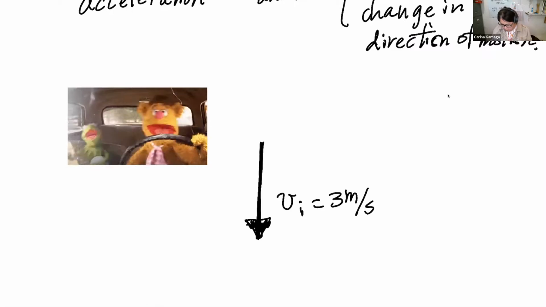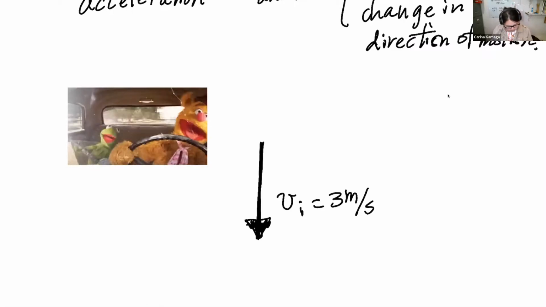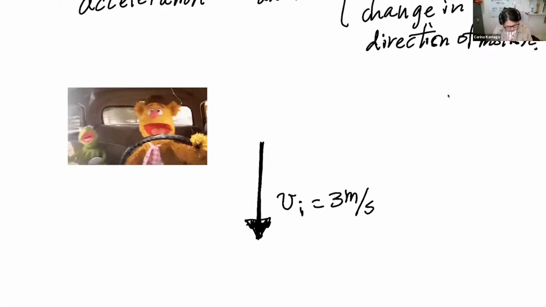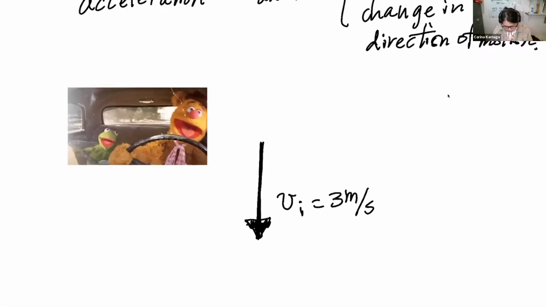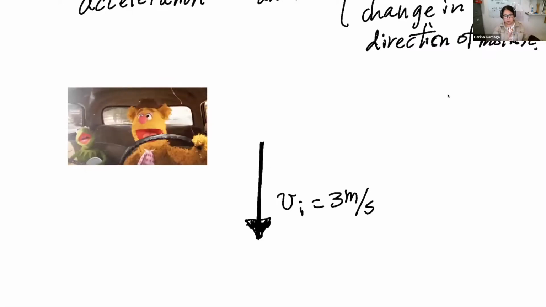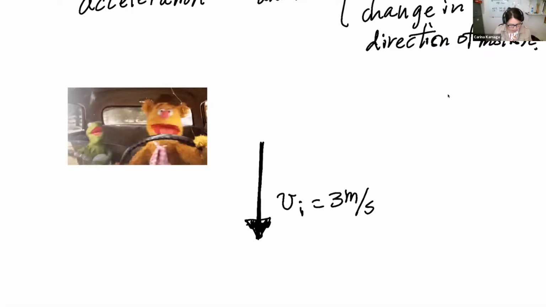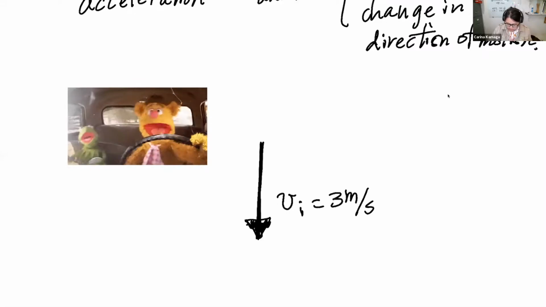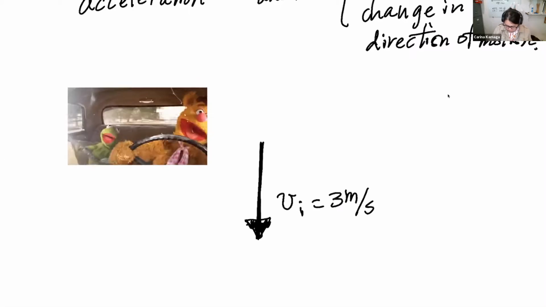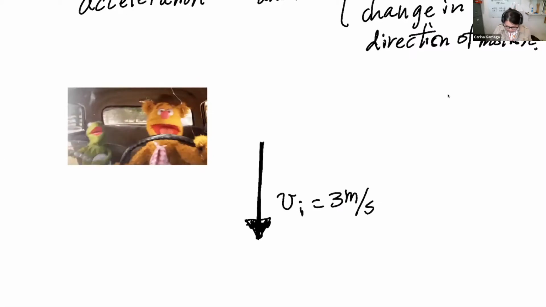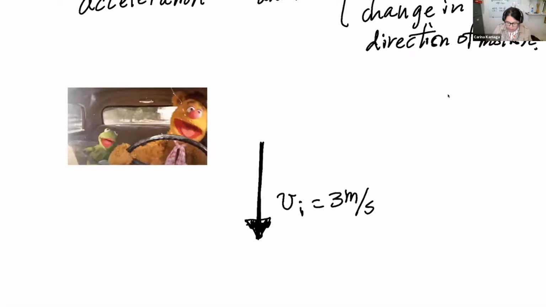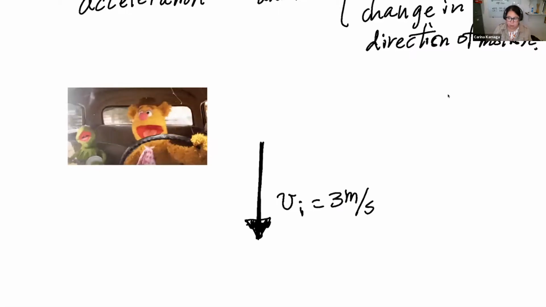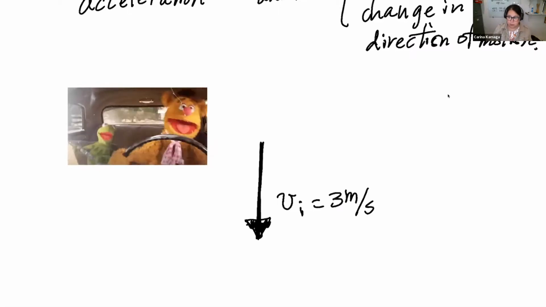In order to slow down, draw the acceleration vector. The slowing-down acceleration vector has to be anti-parallel to the initial velocity, right?